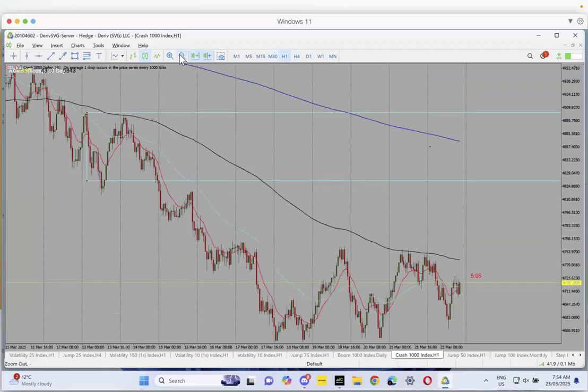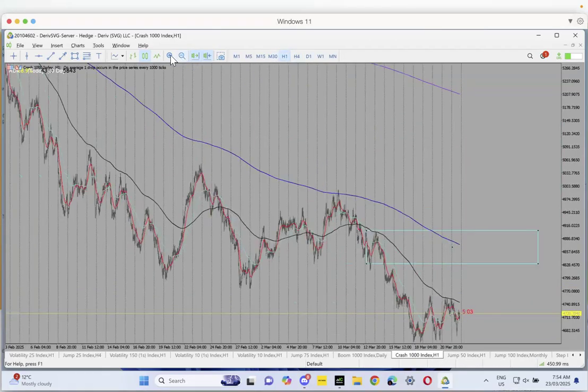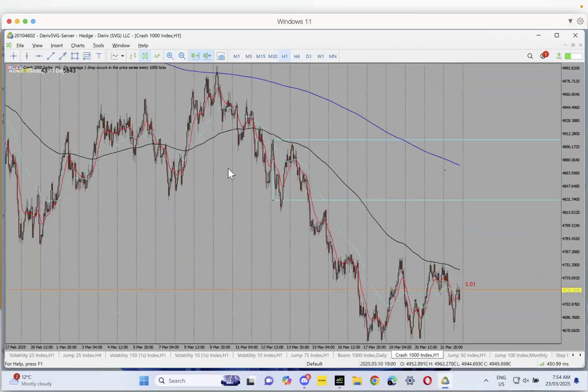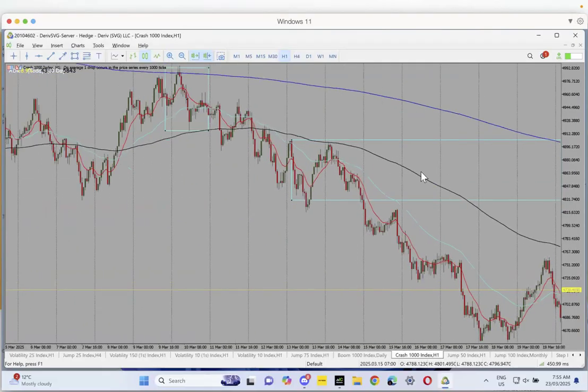If we go to the 1 hour time frame, we can say probably that's our first level, because this one, can you guys actually see? Let me zoom out.